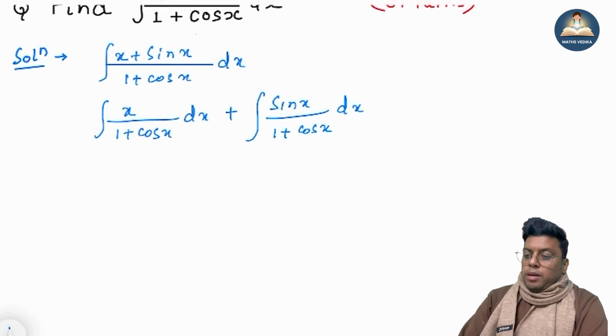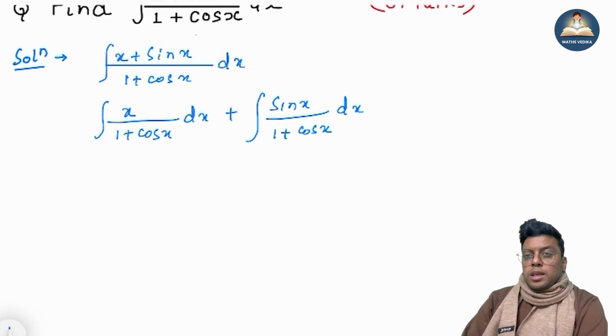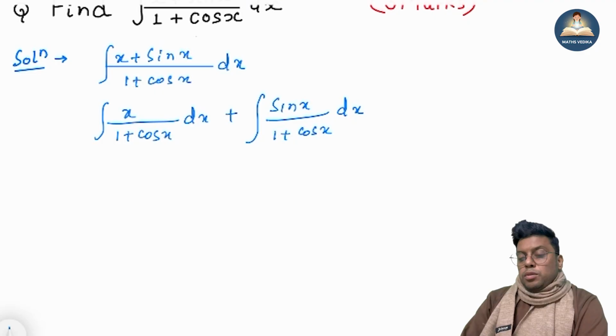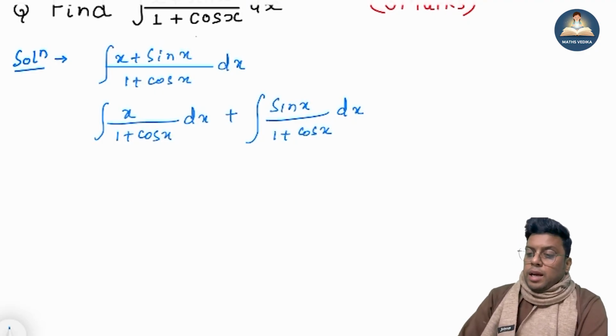Okay, and we know that 1 + cos x is equal to 2 cos² (x/2) by the half angle identity.